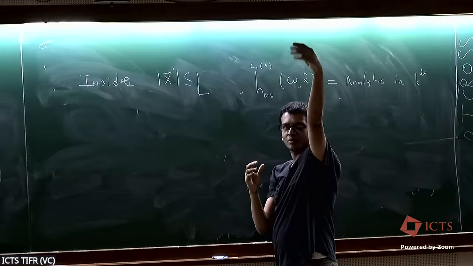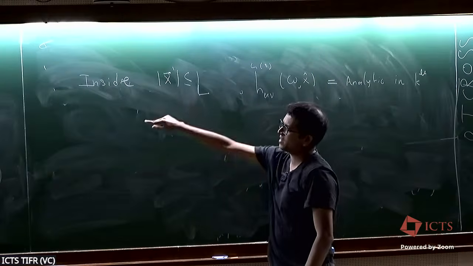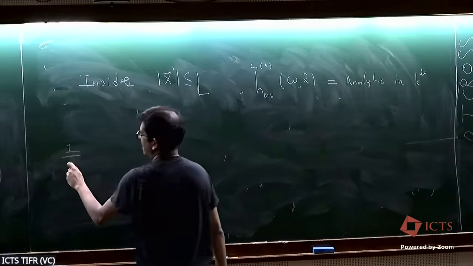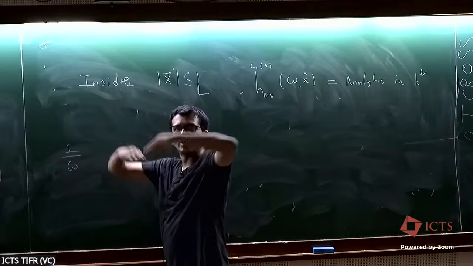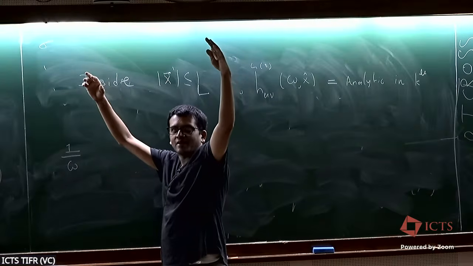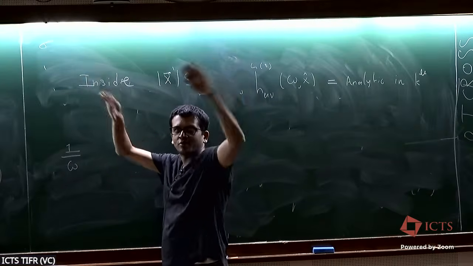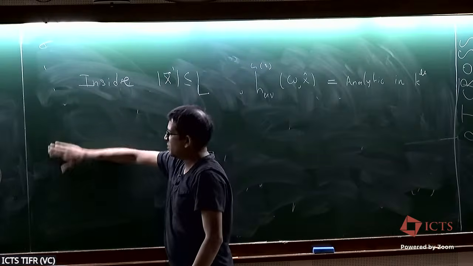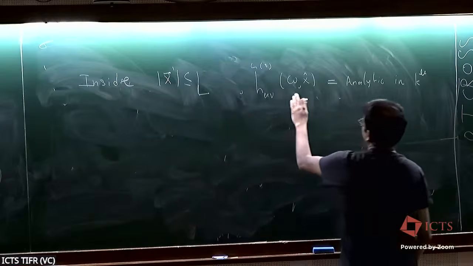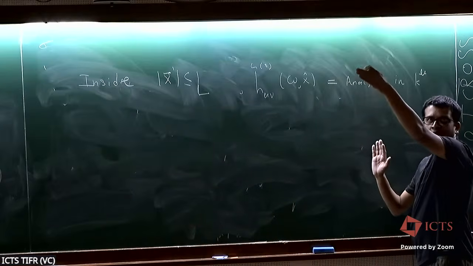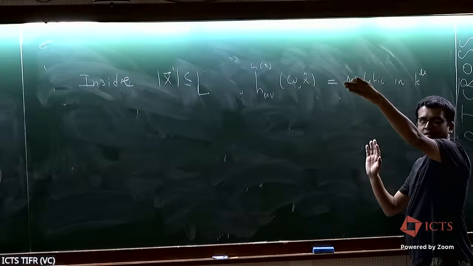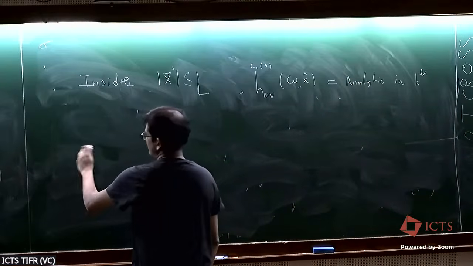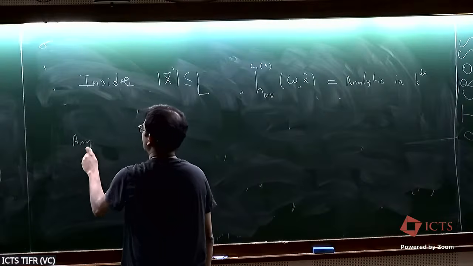Right? You see why this is obvious from the previous computation, because we got the 1 by k term, 1 by omega term from the most free part of the trajectory, which is where particles are far outside. So if your particles are inside, it can never give you a 1 by omega term, which means that your h mu nu is always a power series in k with no negative powers of k, right? Which means that it tells you that any h mu nu.